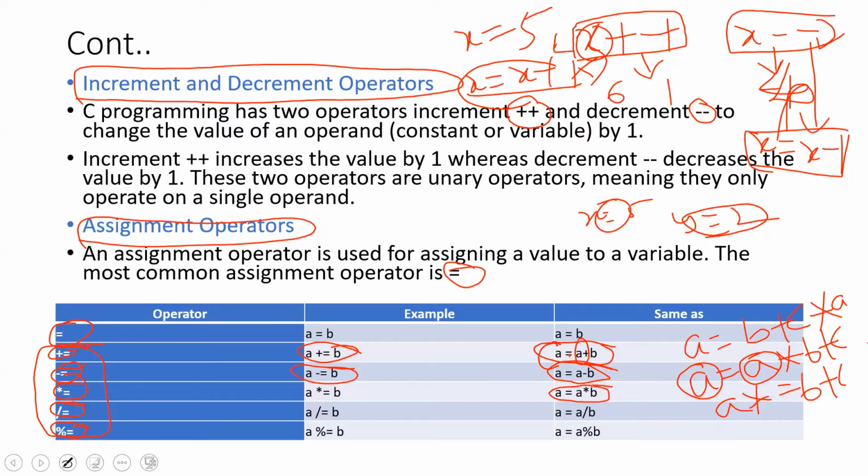If you find an expression where the first variable on the left hand side and right hand side are the same, then you can use these assignment operators. Is it compulsory? Not compulsory. You can directly use a = a + b; for simplification purposes only, you use a += b. So this is about assignment operators.